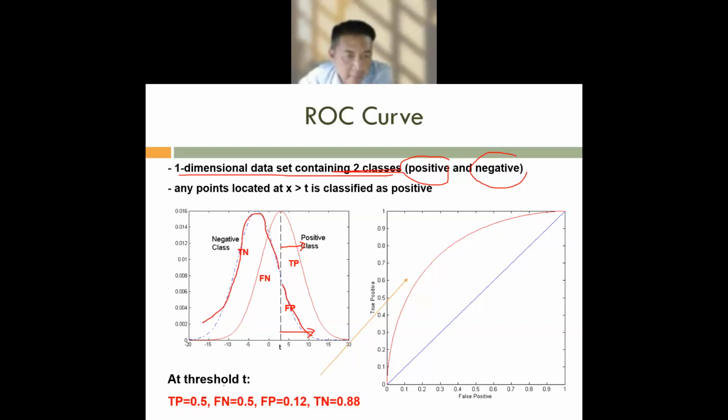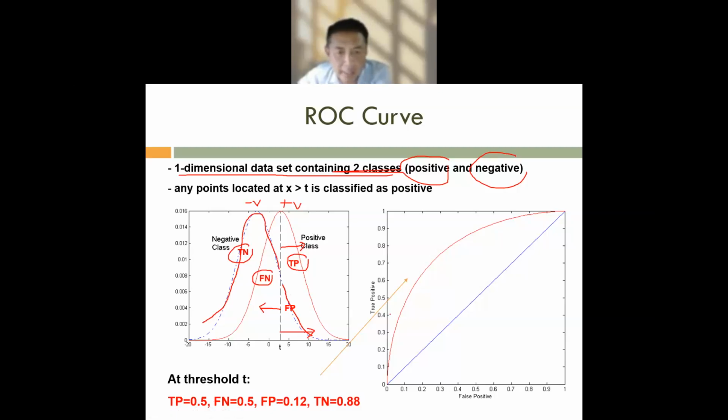This is your true positive. But beyond here, we are saying negative, so that's why they call it false negative. The blue one is negative and the red one is positive. That's how we interpret this.